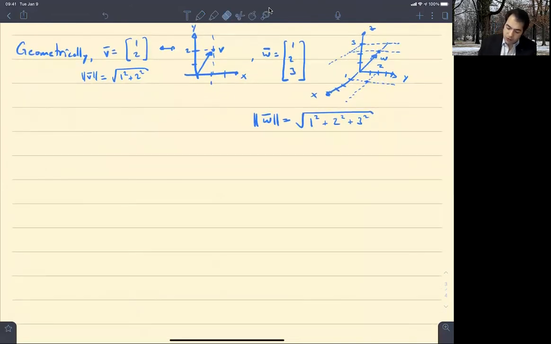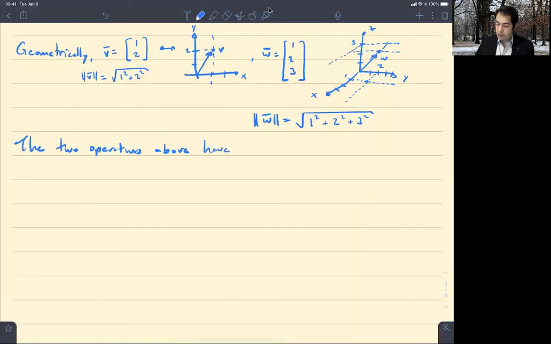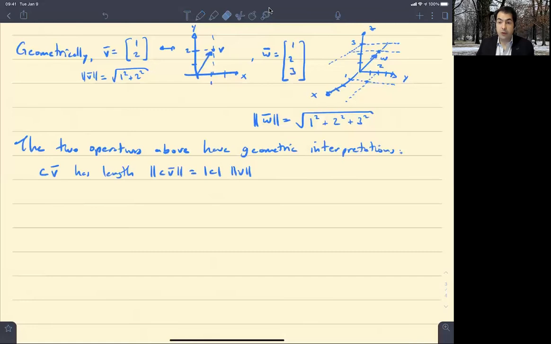Now we have these two operations, which have geometric interpretations. So if you multiply v by a scalar c, then first let's notice that the length of this, as you can work out quickly using the formula, just multiplies the length of v by the absolute value of c.